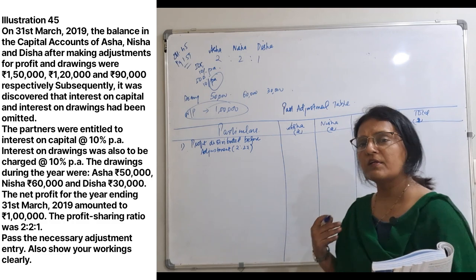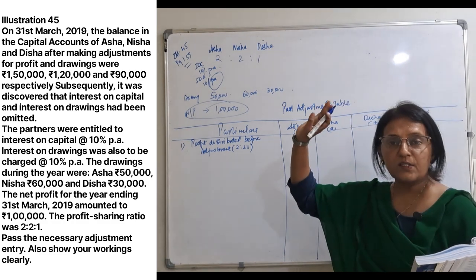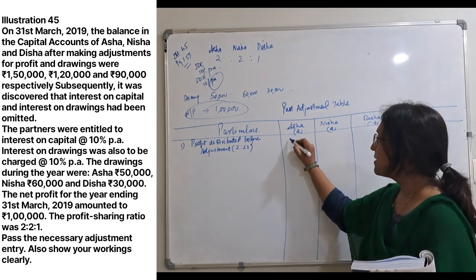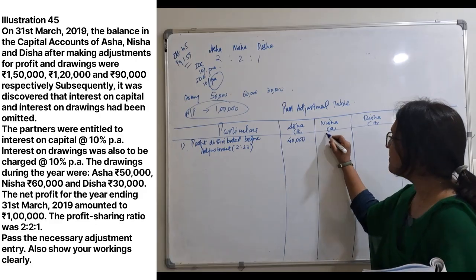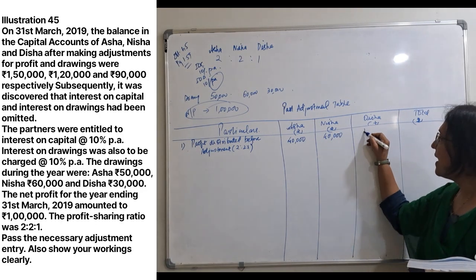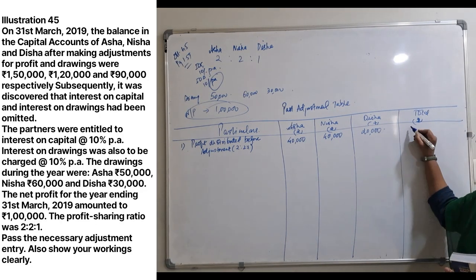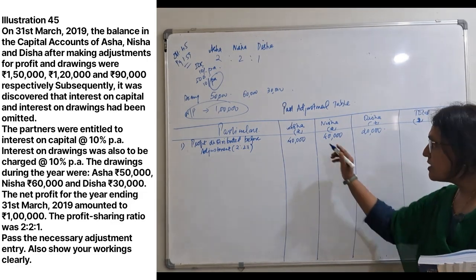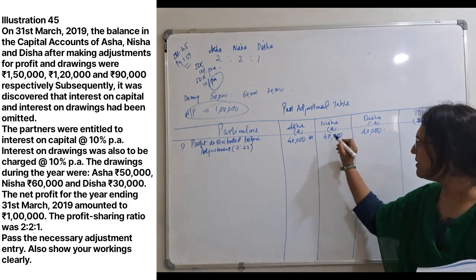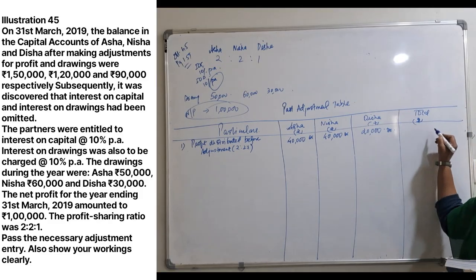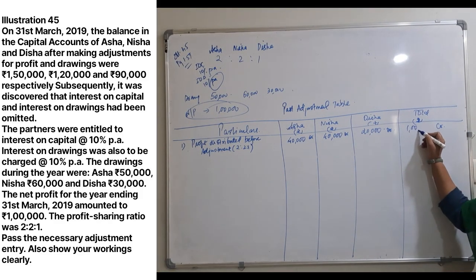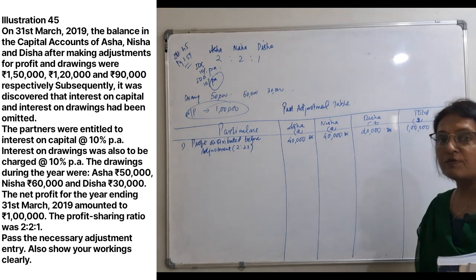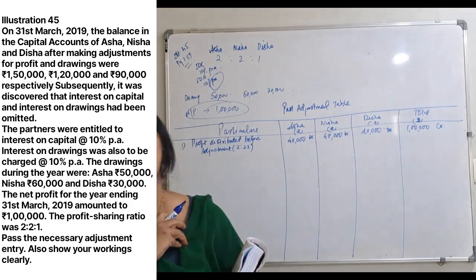Before adjustment, we have given all the profits, that was 40,000 to Asha, 40,000 to Nisha and 20,000 to Disha. Total 1 lakh we had given. Now we are going to take it back, right? If we are going to take it back, debit and credit 1 lakh. We are going to reduce their capital with that amount because this was wrongly given.